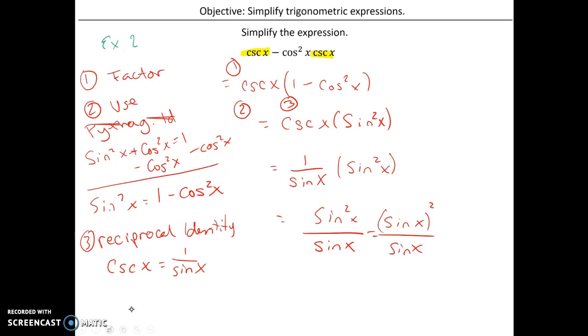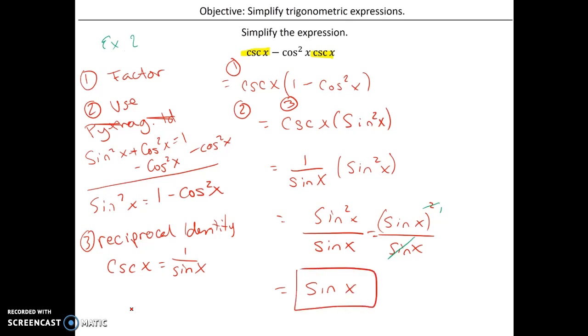So we can reduce. This cancels with one of these, and we get our answer, which is sine of x.